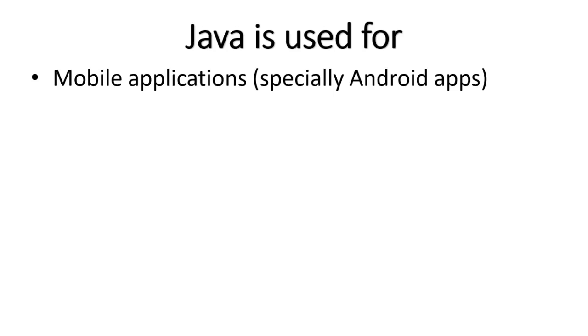The phone that you're using to watch this video, Java runs in that also. Java is used for mobile applications, especially Android apps. Then desktop applications, if you're using a desktop, Java runs in your desktop also.